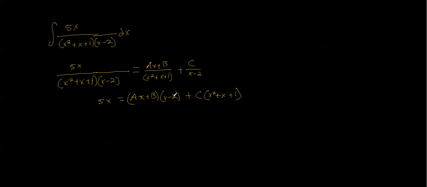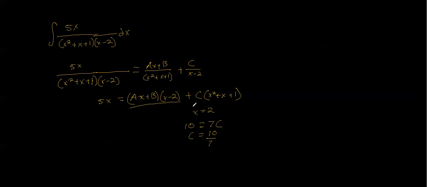And then from here, we can cancel out this entire term right here if we set x equal to 2. So when we set x equal to 2, we are left with 10 equals 7c. Therefore, c equals 10/7.